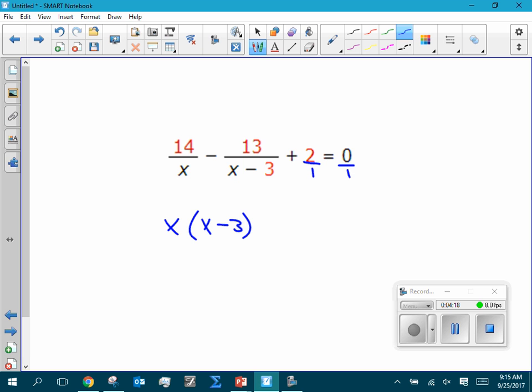So I include every single new term. Now, if there are additional terms that are the same, so maybe this one had an x there, I put the x in there, right? Eventually I get down to this one. Is that new? No. So I don't put it in again. Does that make sense?